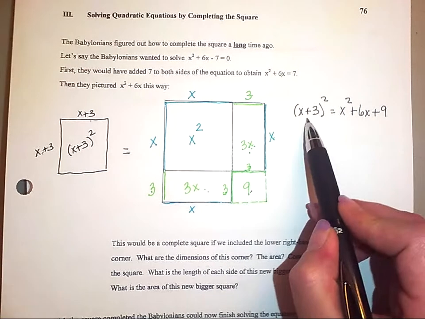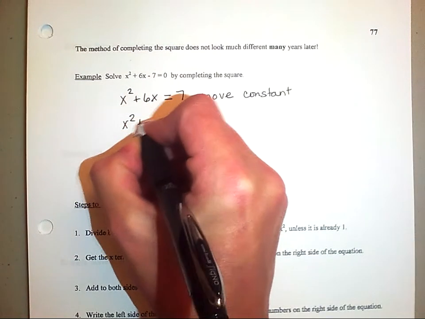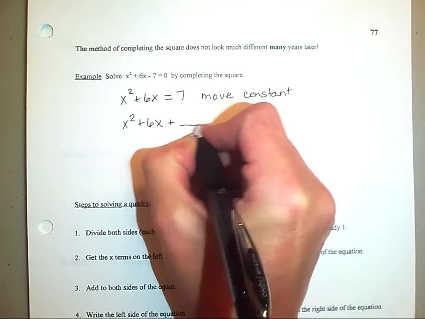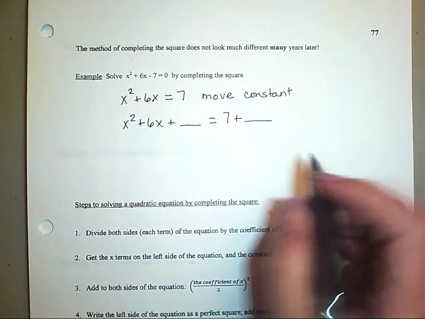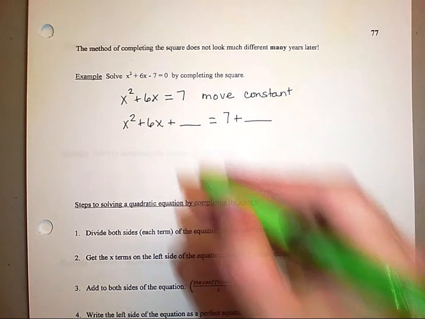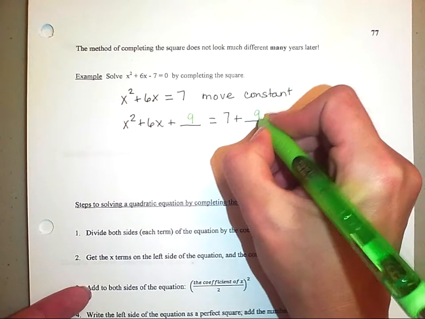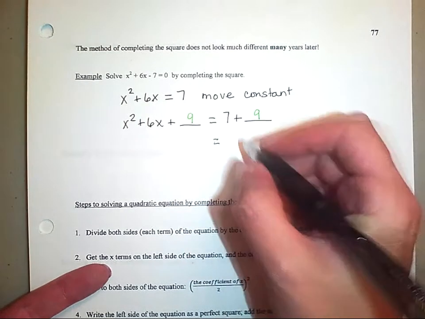So let's do that. I wanted to add something to both sides, but I can't just add it to one, I have to add it to both. And that was 9. So we added 9, and to maintain the equality, we added it to both sides. Now I'll do this side, it's very easy. 9 and 7 is 16.